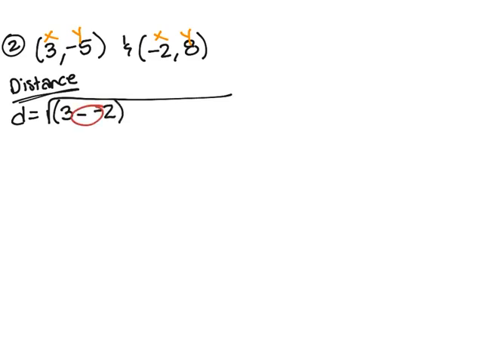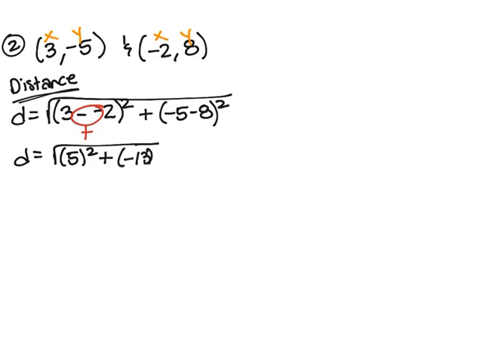Make sure you know these two negatives make a positive. Squared plus -5 minus 8 squared. And so that would give 3 plus 2, which is 5 squared, plus -5 minus 8, which is -13 squared. And keep in mind, we are squaring these numbers to keep everybody positive because this is distance.